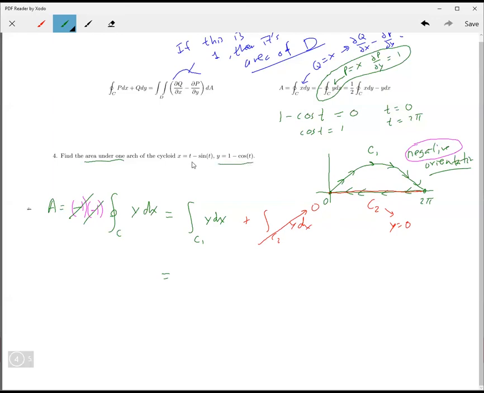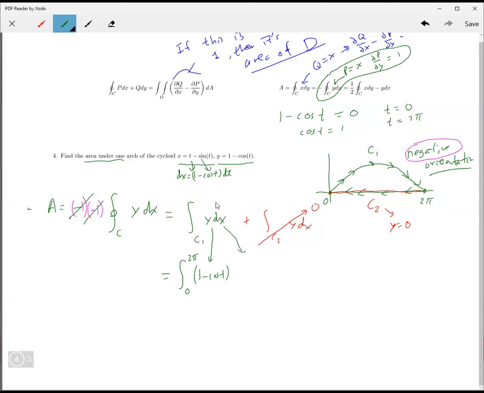And we have y is this and x is that. And so it's going to go from 0 to 2 pi. We know that already. And then y is 1 minus cosine t. And then here your dx is going to be 1 minus cosine t dt. Okay, so you're taking the derivative of this gives you that.